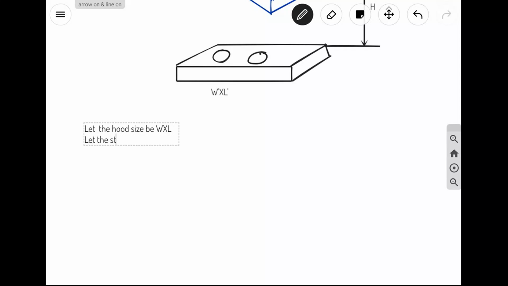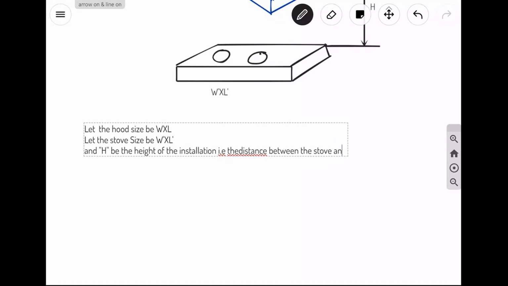Let the stove size be width dash into length dash, and H be the height of the installation, that is the distance between the stove and hood.